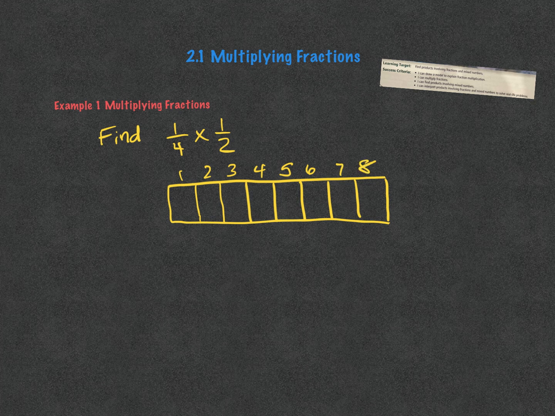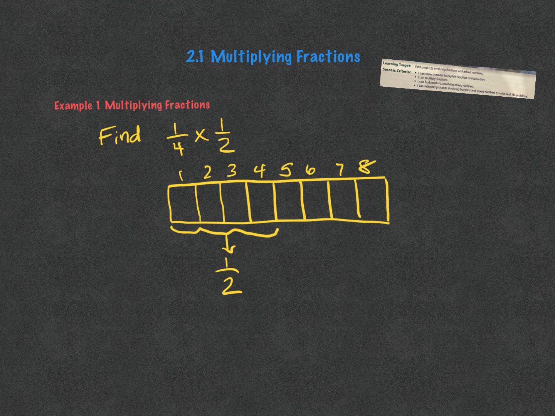I have 8 pieces. The reason I chose 8 was because I've got 2 and 4, and 8 can go into 2 and 4. Another reason I chose it is because I want to show you if I've got 1/4 of 1/2, what can I show as my 1/2? Well, this area right here is 1/2.